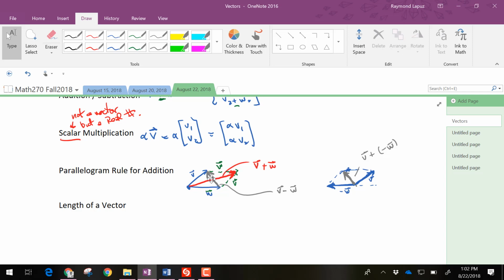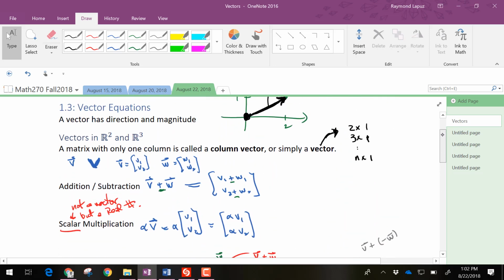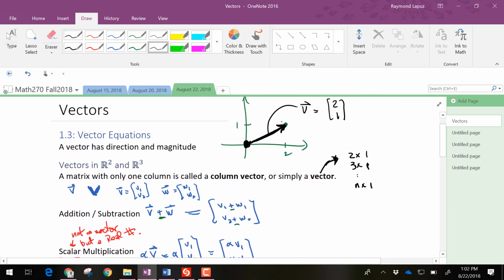The length of the vector: if we look at a vector as, like I mentioned before, a point, or a vector whose tail is at the origin and whose head is at the point that it's pointing at, then we can find the distance of this arrow, the length of this arrow.